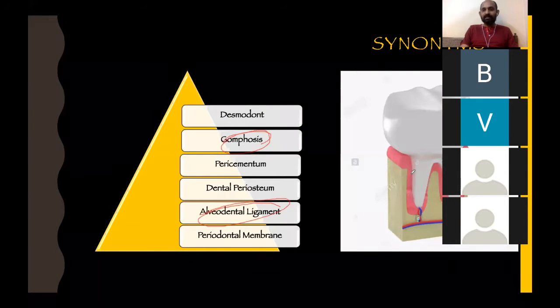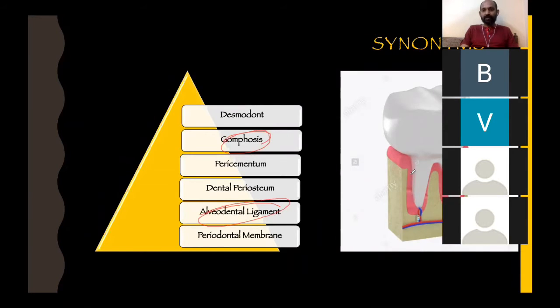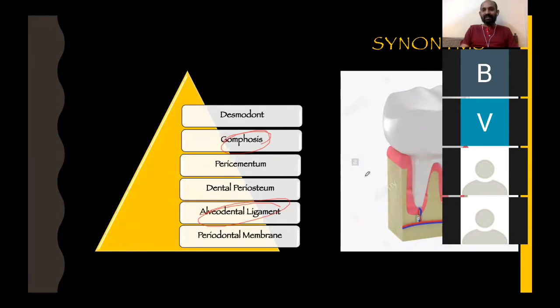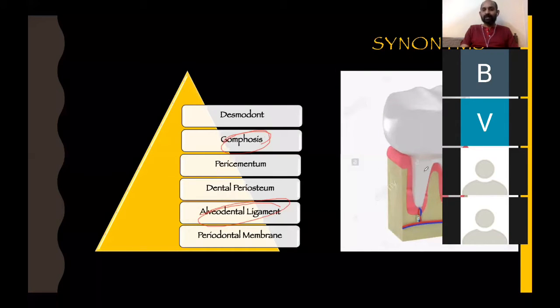And hence this tooth within your socket with intervening periodontal ligament fiber is a structure which is referred to as gomphosis, right? So gomphosis does not mean a periodontal ligament. It means a joint between two bones with intervening fiber, and hence this arrangement is also called gomphosis.